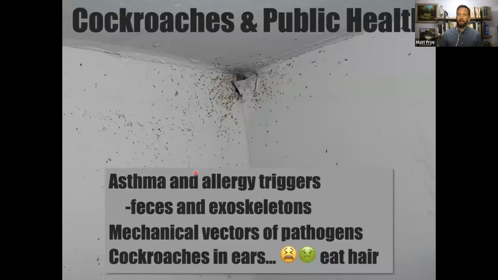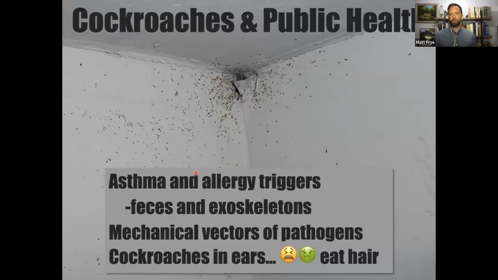So why are cockroaches a problem? Yes, they're disgusting, but each one of those fecal spots can contain enough allergens to sensitize and sustain allergic reactions in people, resulting in asthma and other symptoms. So they're public health pests contributing to asthma symptoms for people in urban and suburban areas alike.